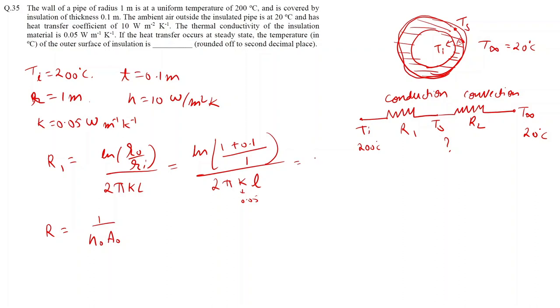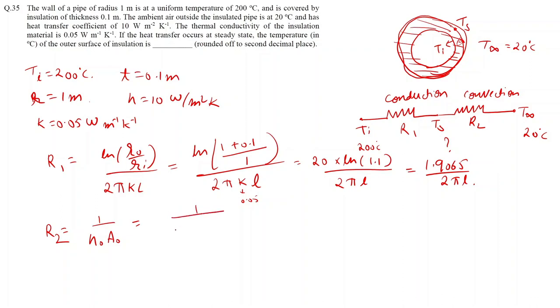So this will become 20 into ln of 1.1 upon 2 pi L, and we can solve this, and the answer will be 1.9065 upon 2 pi L. Similarly, we can find R2, that is the resistance due to convection, as 1 upon h naught A naught.